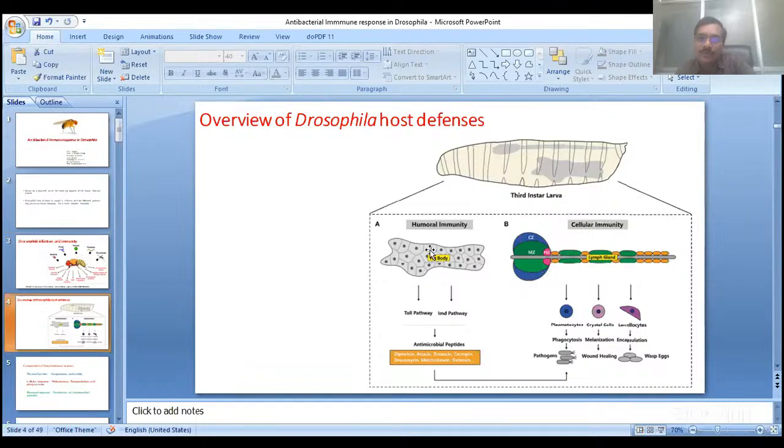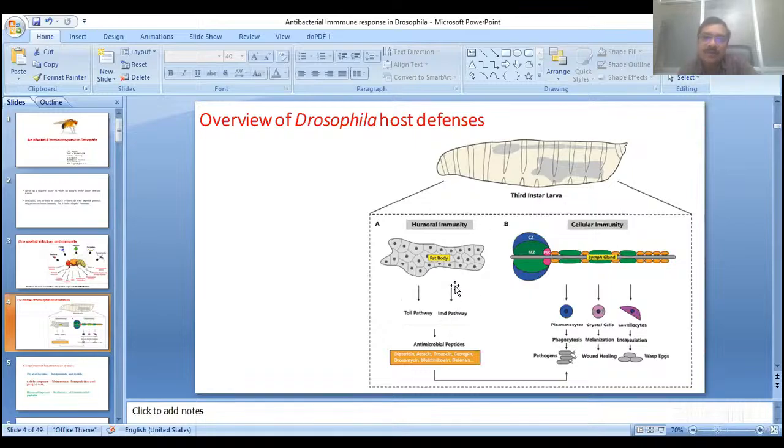An overview. Let me brief you how this fly shows its immune response right from the larval stage. When you look at this third instar larva, we come across two types of immunity. Innate immunity is divided into humoral as well as cellular.